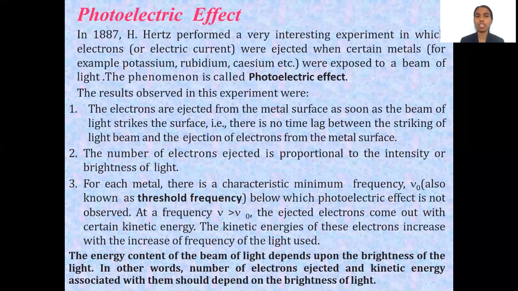The greater the brightness, the greater the energy of the light beam, the greater the number of electrons ejected from the surface, and the greater their kinetic energy. So the kinetic energy and the number of electrons ejected depend on the brightness of light. So this is all about the photoelectric effect.